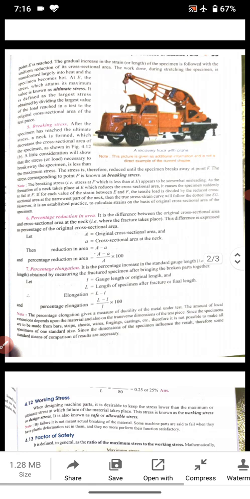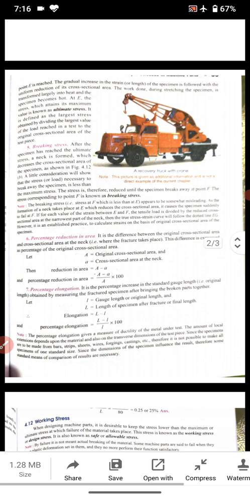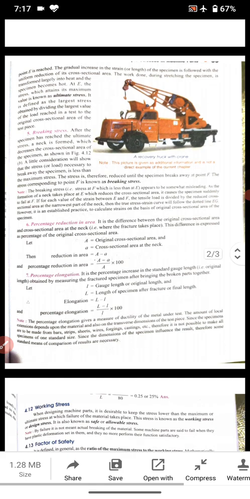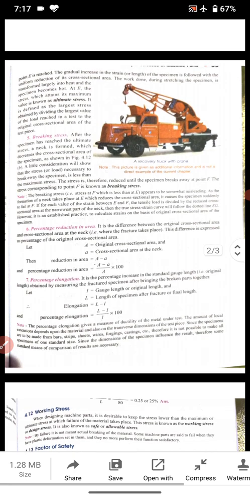Okay. Whenever you are asked for a stress strain curve, you simply draw up to point F, and if asked for the true stress strain curve, then you draw up to point G. Last two things, that is percentage reduction in area and percentage elongation.